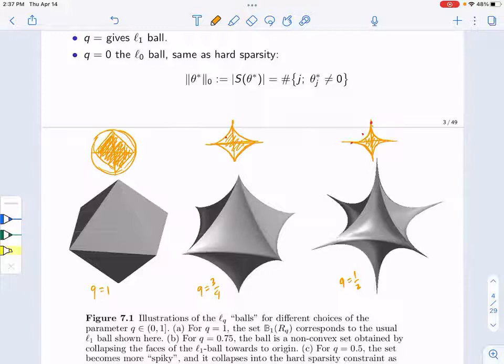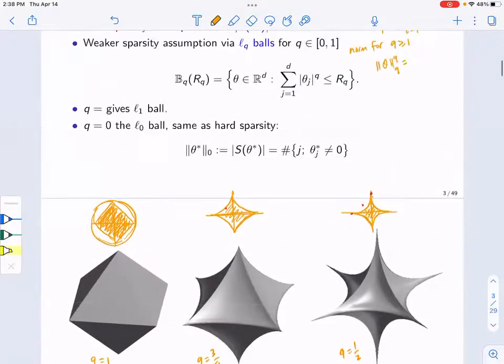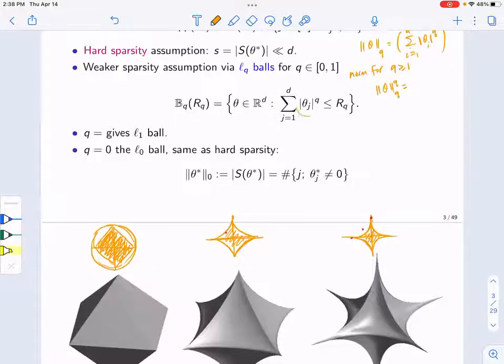Any questions about this? There's another version which is called the weak Lq, which just controls the decay of the ordered absolute values of the entries of theta. But let's not worry about that at the moment. This is good enough.